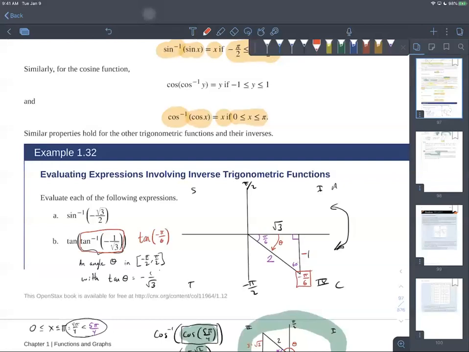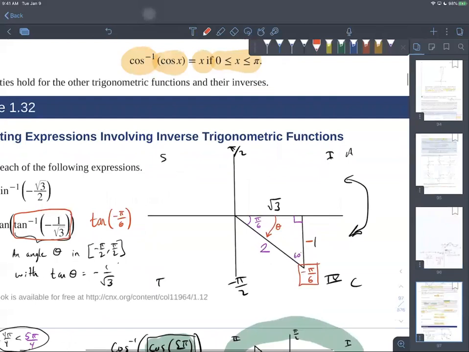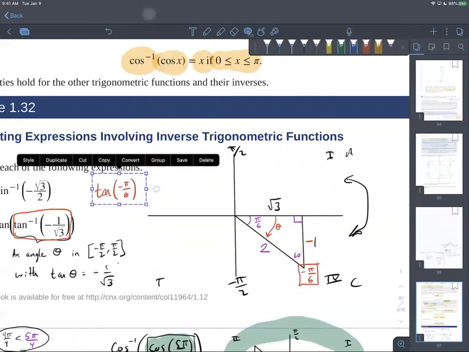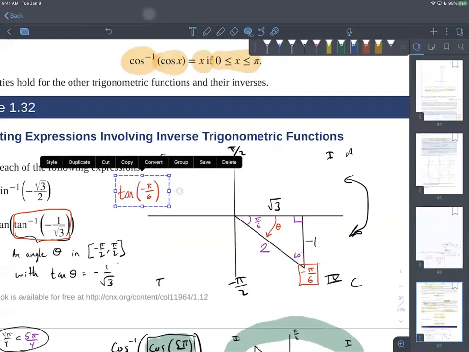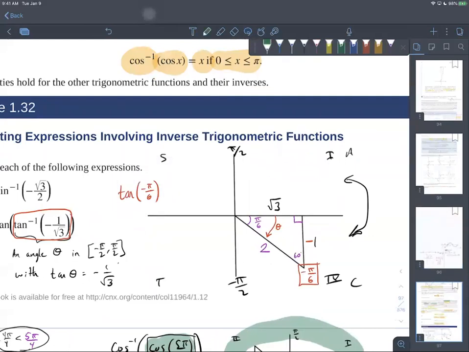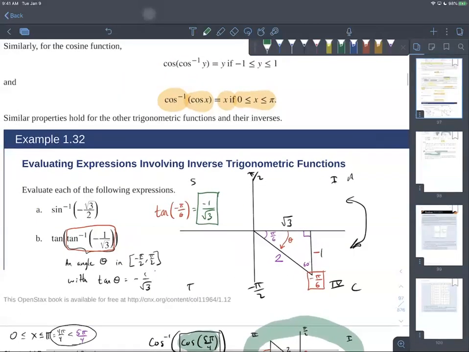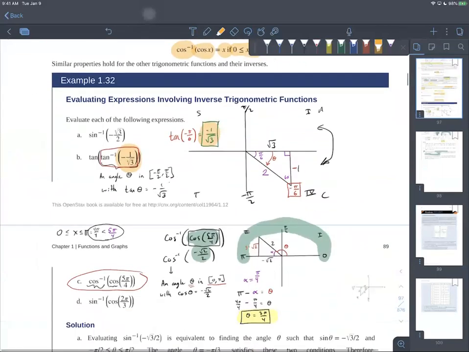But wait a minute, we've just graphed the angle negative pi over 6, right there in black. The tangent of that angle is just the opposite side over the adjacent side. Notice the answer here is negative 1 over the square root of 3, which in this case was exactly the argument there. So the answer is negative 1 over the square root of 3.